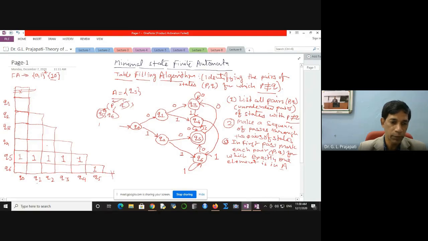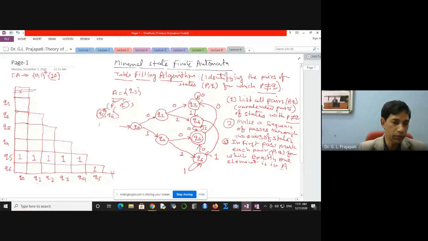Q2, Q4 cannot be marked because both are non-final states. Q3 and Q4 cannot be marked because both are non-final states. Again, for Q3, Q0, Q3 we cannot mark because Q0 and Q3 are not final states. Q3 and Q1 also cannot be marked. Q2 and Q3 also we cannot mark.